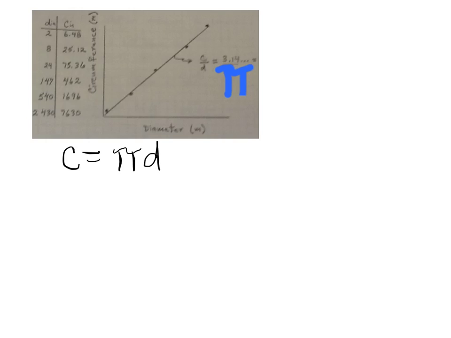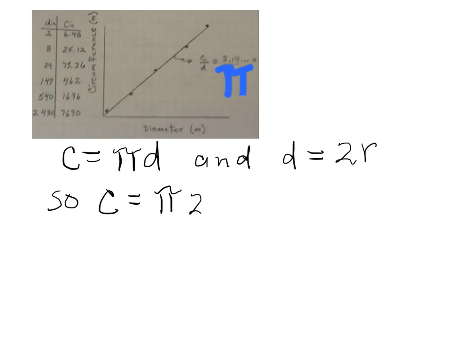And we know that diameter is 2 times the radius. So using both of those pieces of information, we can say that circumference is pi times 2 times the radius, which you would recognize if we rearrange it to the all too familiar circumference is equal to 2 pi r.